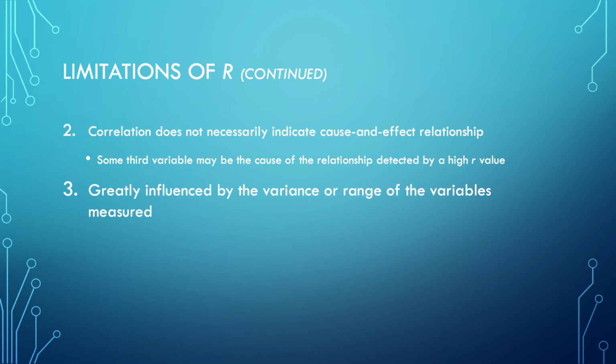And thirdly, R is greatly influenced by the variance or range of the variables measured. Variables with a large variance or range tend to have higher R values than those variables with a restricted variance or a restricted range. So it's something to make note of.